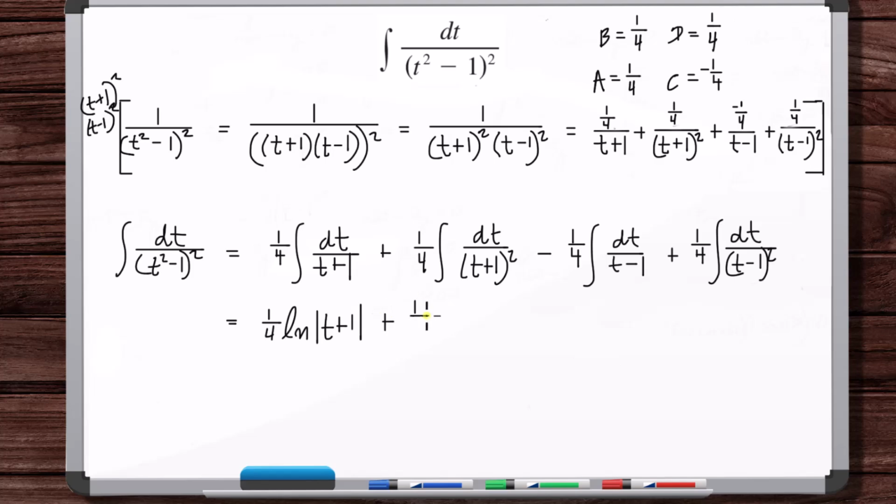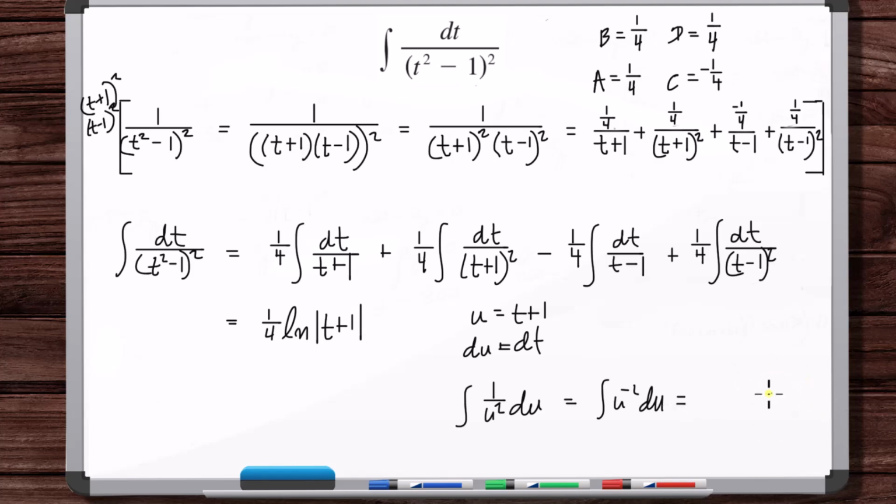Okay, now this one we should be able to do in our head. This is pretty easy. So the natural log of, or no, this would be, okay, the derivative of 1 over t plus 1. Okay, let me just do the u substitution. So u is equal to t plus 1. du is equal to dt. So we've got 1 over u squared du. Okay, so minus 2 plus 1 is minus 1.